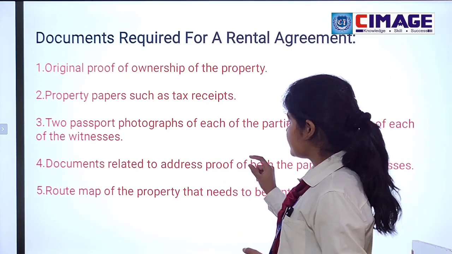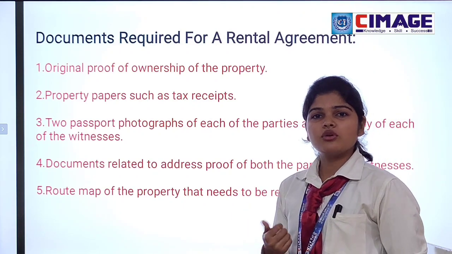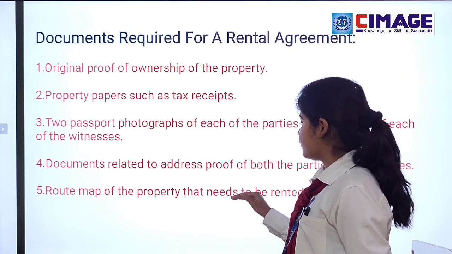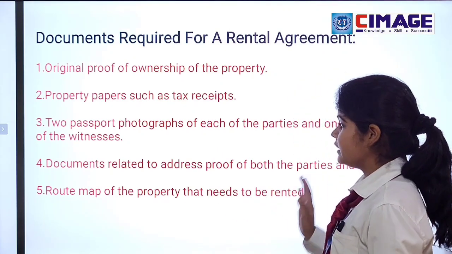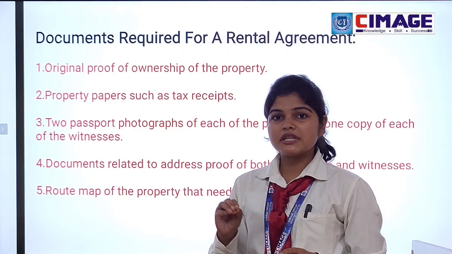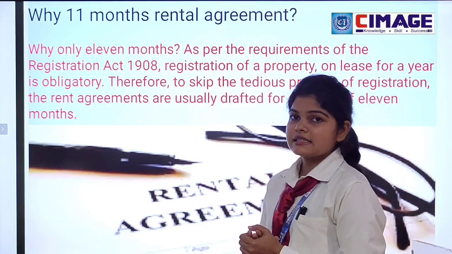After then, documents related to address proof of both the parties and witness, which can be voter ID card of the owners and the tenants. And after then, route map of the property that needs to be rented, which will be according to the address written and mentioned in the PRDA website. Coming to the next slide.